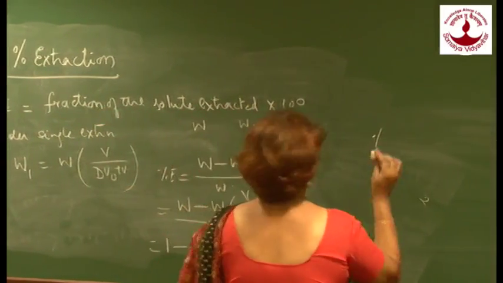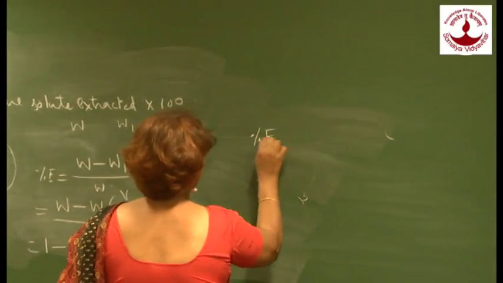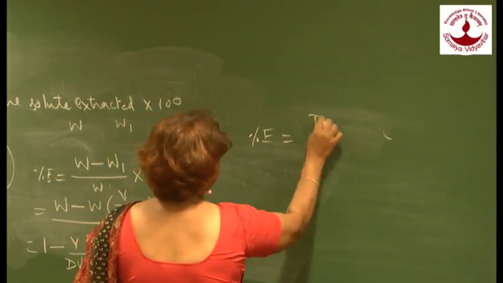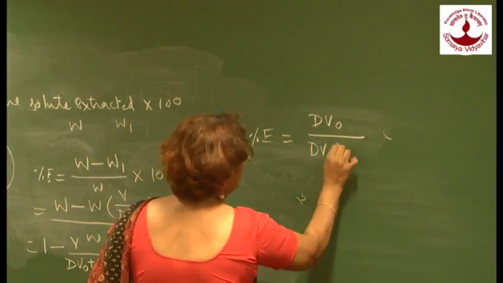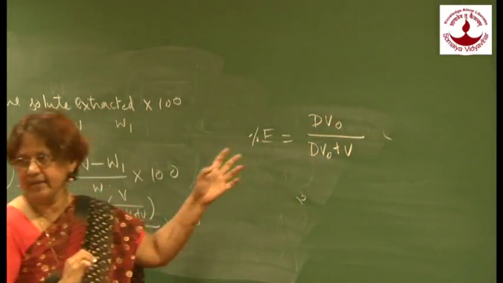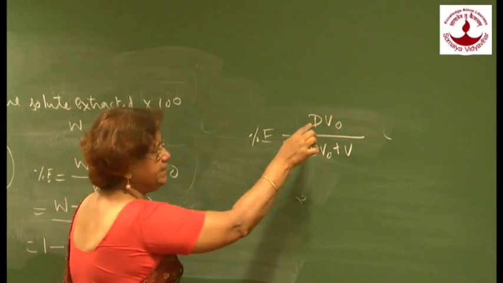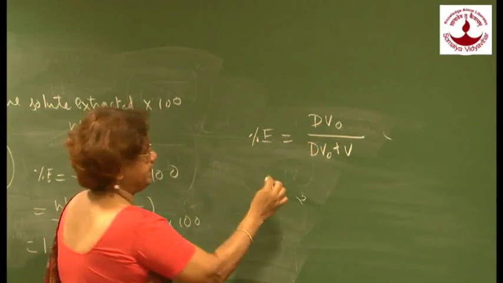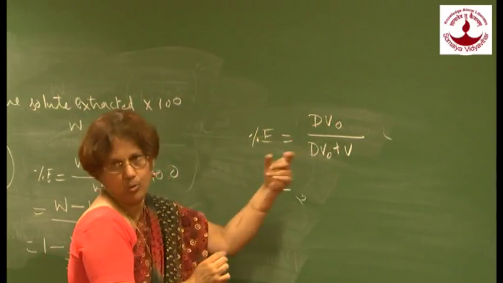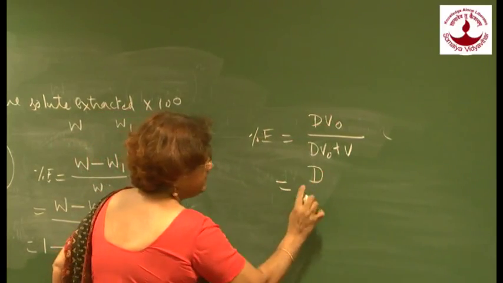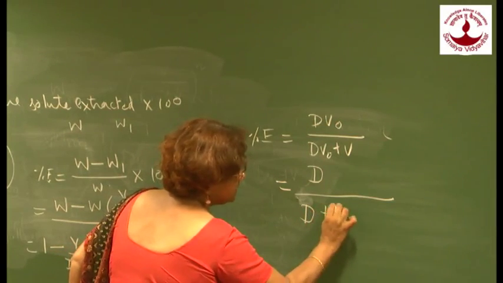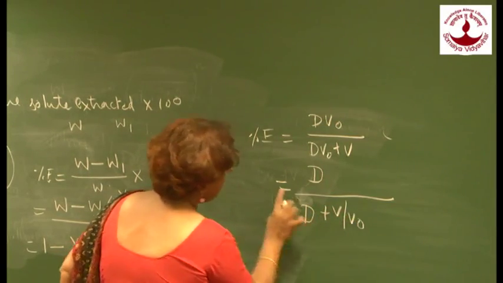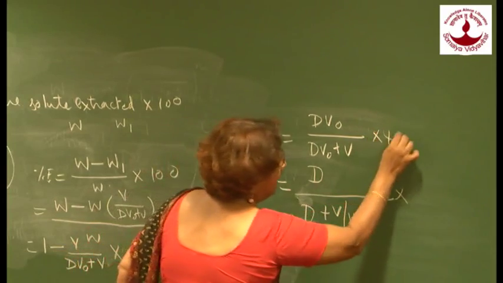On solving this, you get percentage extraction P is equal to dVO upon dVO plus V, that is, dVO upon dVO plus V multiplied by 100.